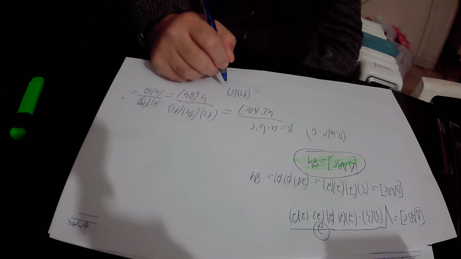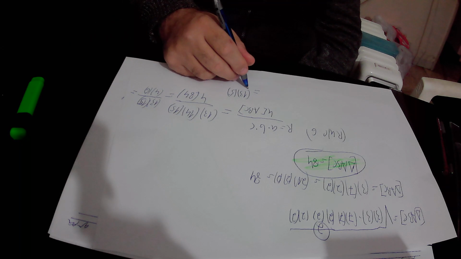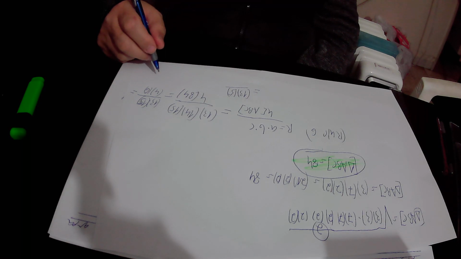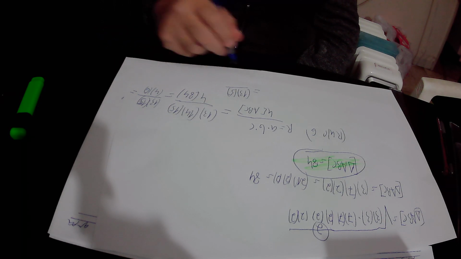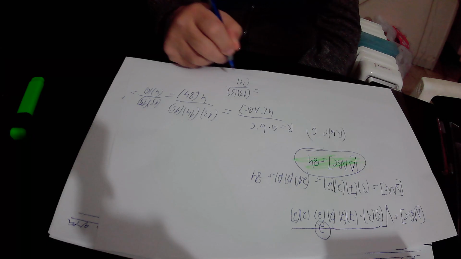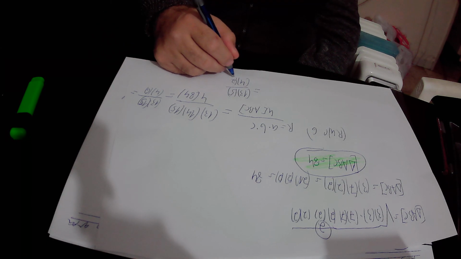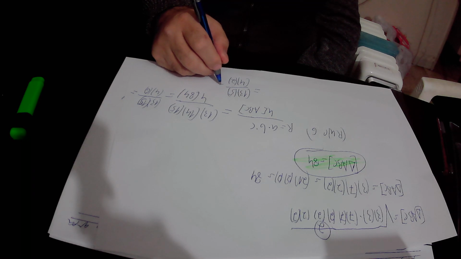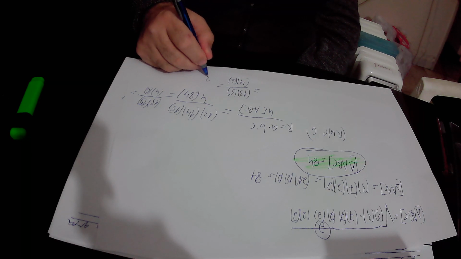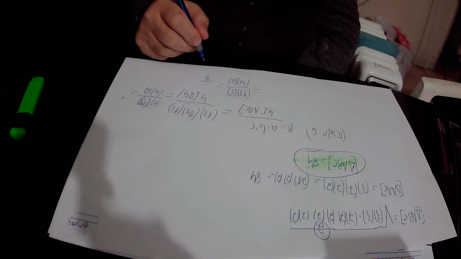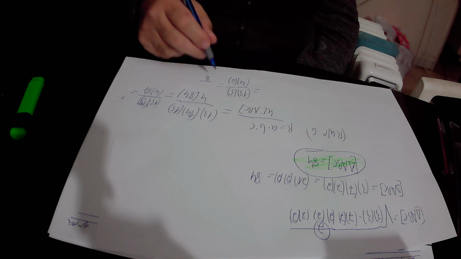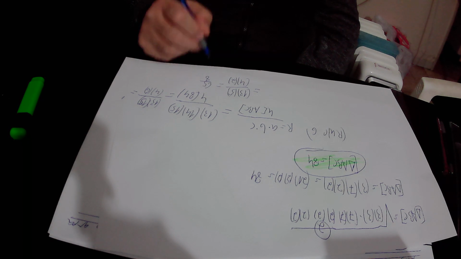So in total, in the numerator we have 13 times 5 over, in the denominator we have 4 times 6 over 3, which is 2. So in total, in the denominator we have 4 times 2, that is 8, and in the numerator we have in total 13 times 5, that is 65.